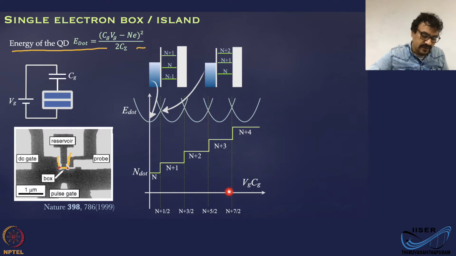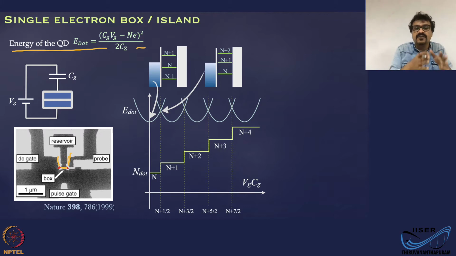Similarly, when you go further, there is another lower energy point, which corresponds to n plus 2, and so on. So the action of varying this gate voltage is lowering the levels in the dot, and at some point the next charging level will be available, and an electron can fill that level.